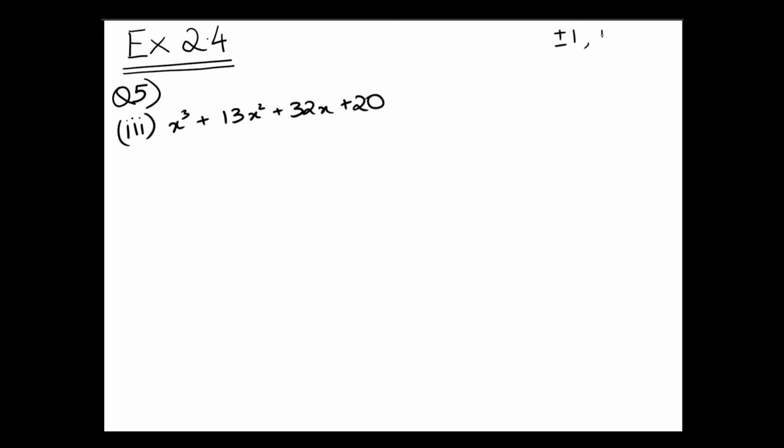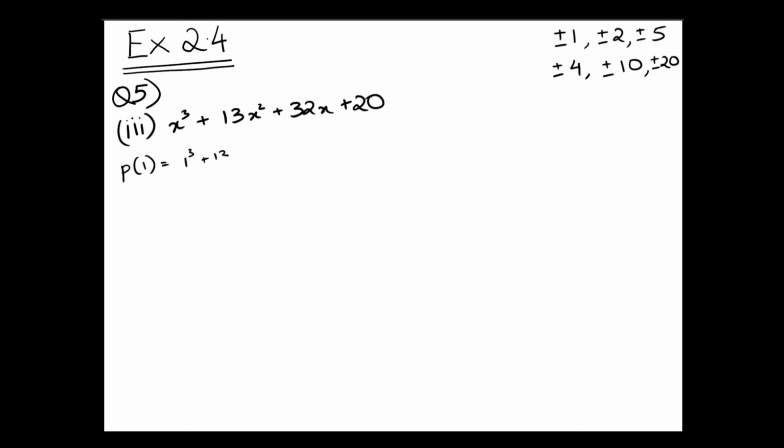We have plus minus 1, plus minus 2, plus minus 5, plus minus 4, plus minus 10, plus minus 20. Now factorizing this would initially involve a lot of hit and trials using these. So what we can do over here is, let's start with the first one, which is p of 1.